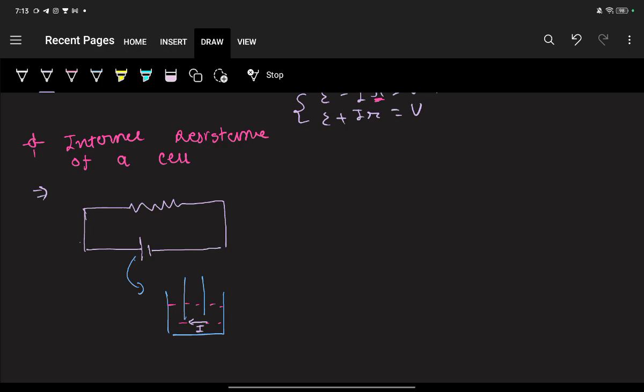While outside the cell through the external circuit, the current is due to the flow of free electrons, while the current inside this solution is due to the flow of ions, right? Cations and anions. So it flows from anode to cathode, okay?